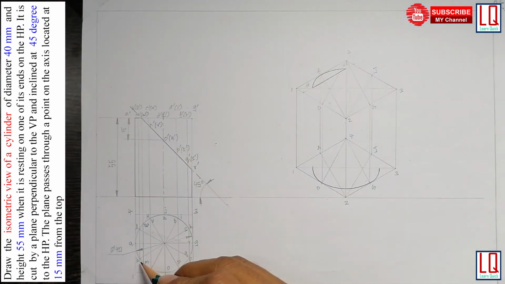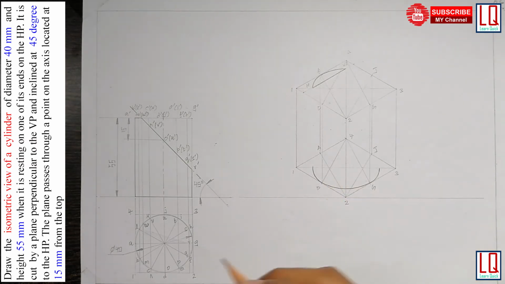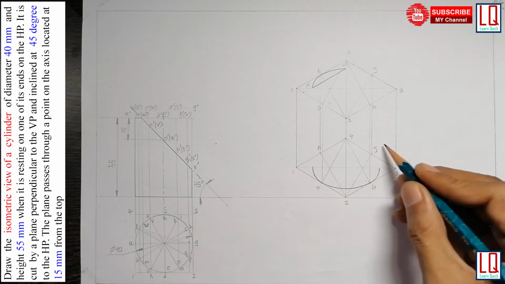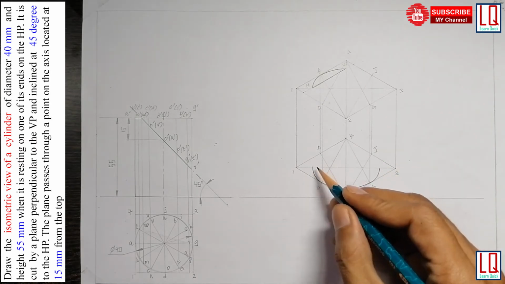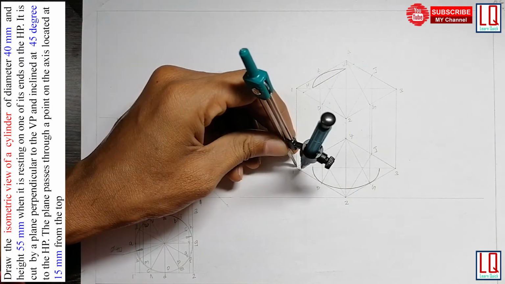The remaining points B, C, P, Q, all the points we need to find here. For that, first we'll measure the distance between 1 and B, and we'll mark and create the reference lines so that we can plot B, C and the remaining points easily. So I measure between 1 and the line B, and I mark here.